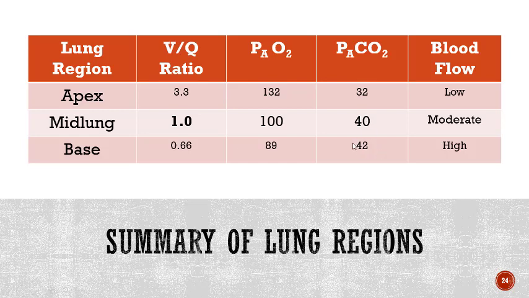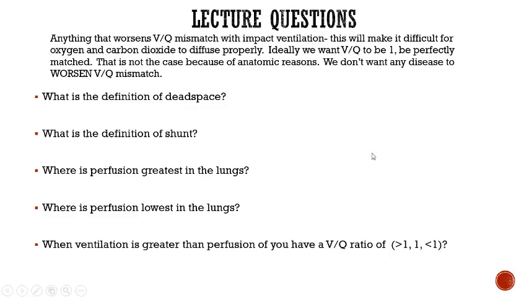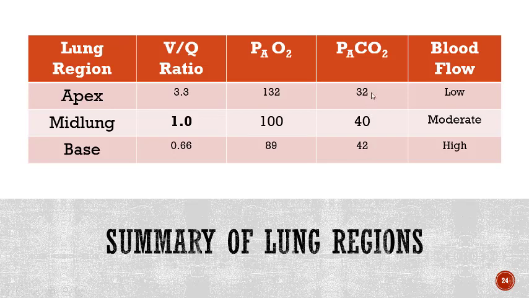So if you look here, you have significantly more CO2 in your bases than you do in your apex, and that's because here you're looking at the perfusion difference. Blood is what carries your CO2 back, and that's why that number is higher in the bases than it is in the apex. Sorry that I kind of jumped around there.